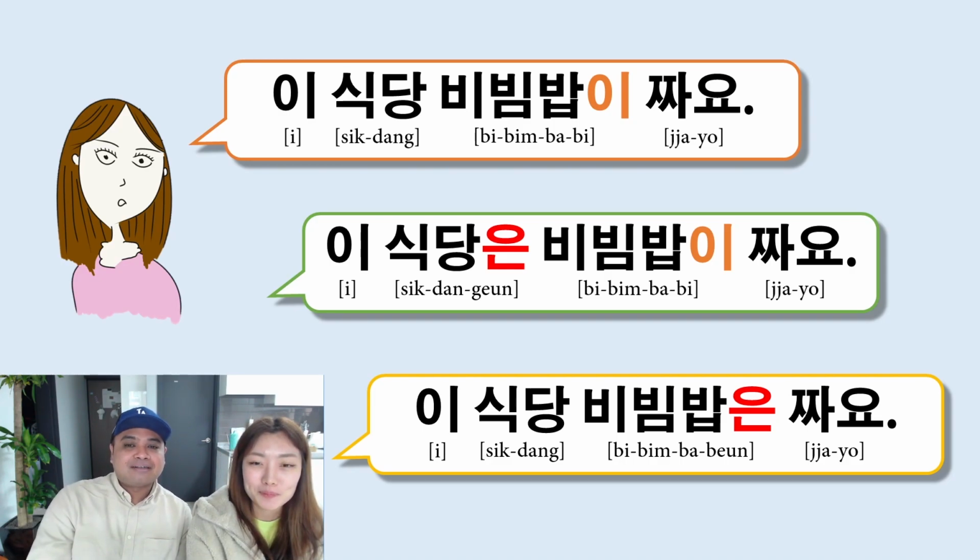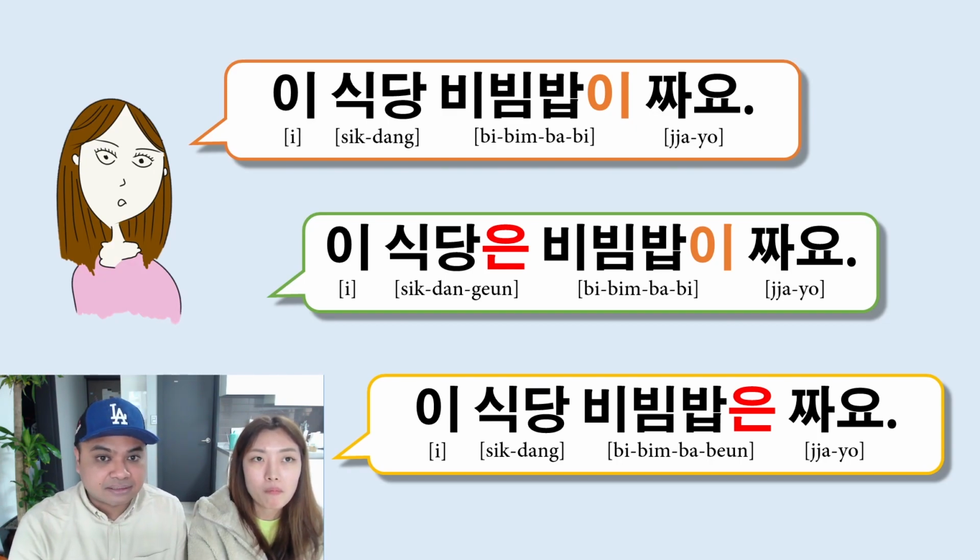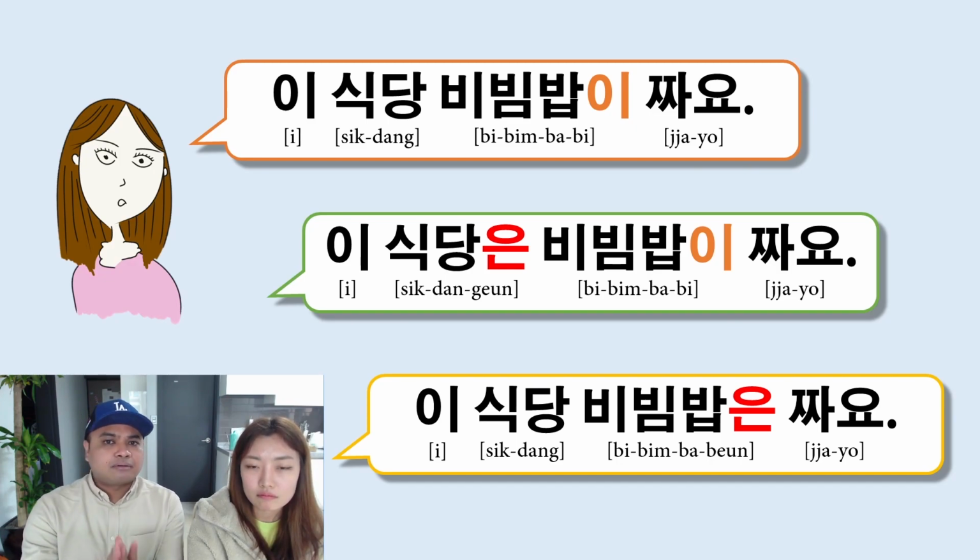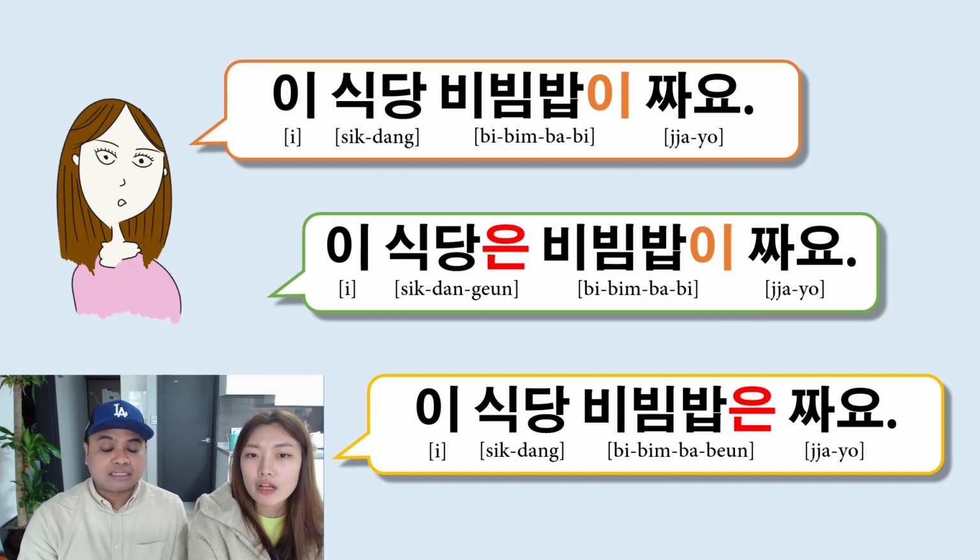Honestly, we talked about 4 different ways how 은는 is used, and there are some nuances, some hidden meanings, and it is quite difficult for a Korean learner, right? So I want to say, just don't worry about it too much. Just use your 이가, your 은는's. Once you get into the nitty-gritty, when you're learning at a very high level, that's when you will know when to use 은는 and 이가, right?